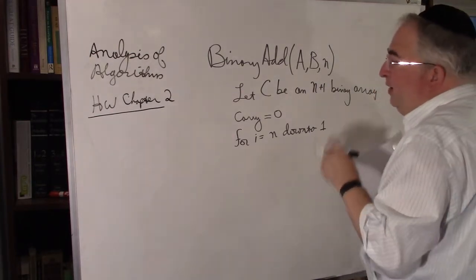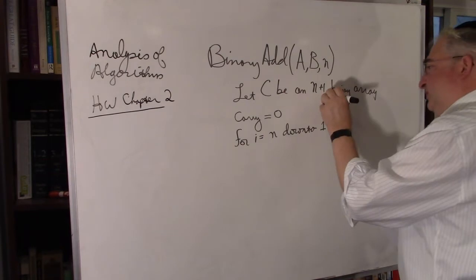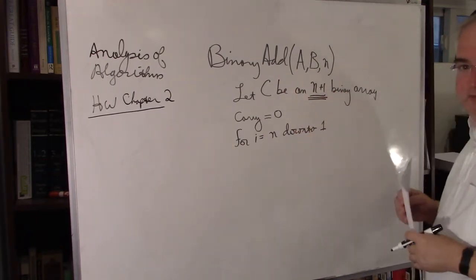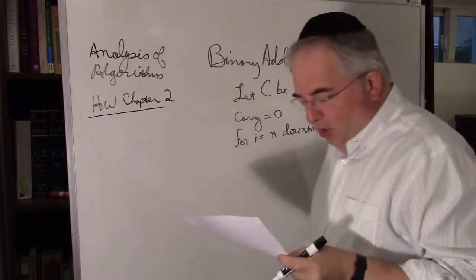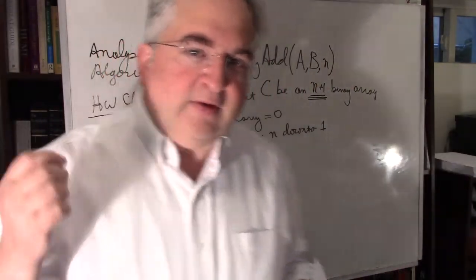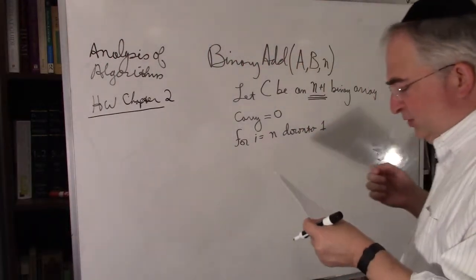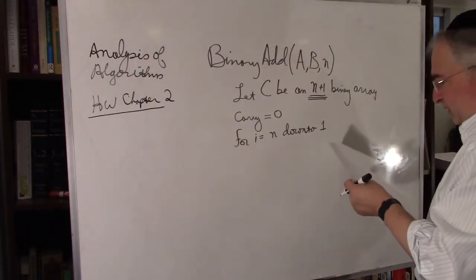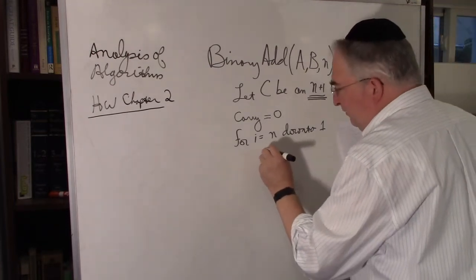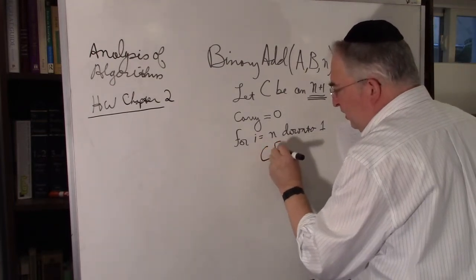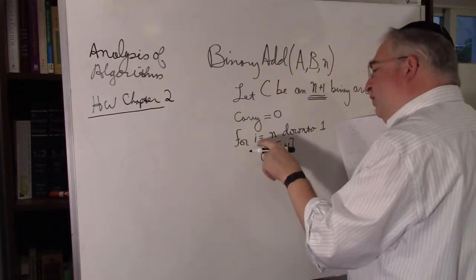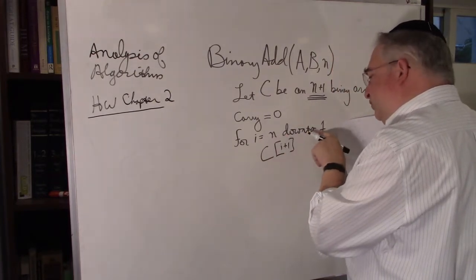Great. Now, let's be careful about this. C could have n+1 bits, so we have to worry about the last bit. We do it as follows. I have to put it into place. C of i+1, where i goes from n down to 1.